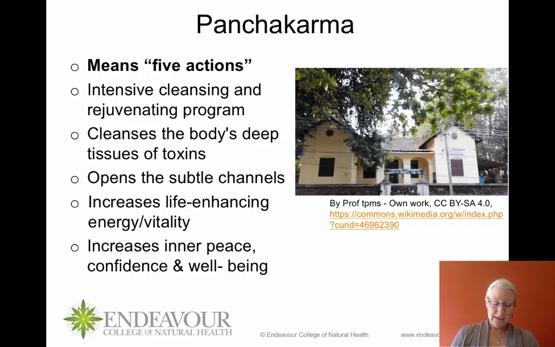And the intensity of this treatment is generally calling for it to be done in an inpatient setting. I have never seen it done properly in anything other than an inpatient setting, and that means you are sleeping in an Ayurvedic hospital for the duration of time that you're undertaking the treatment. Oftentimes in India, there are Ayurvedic hospitals that have Ayurvedic colleges associated with them or adjunct to them where the treatments are given.